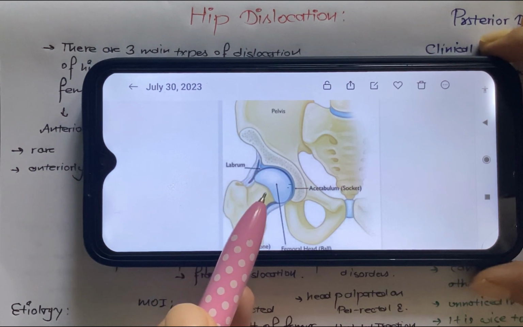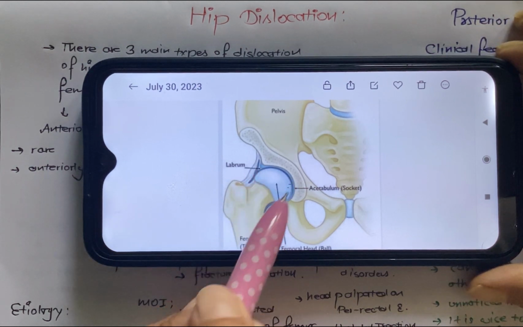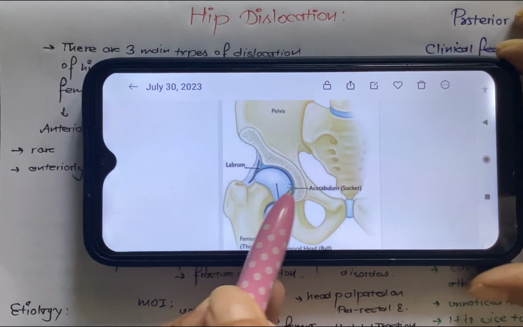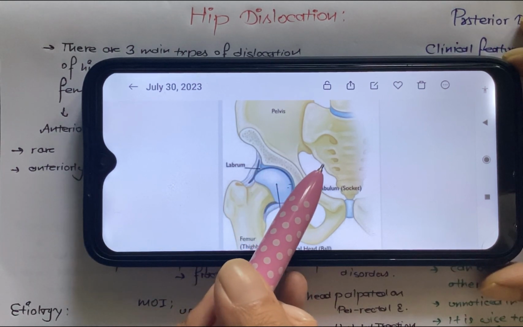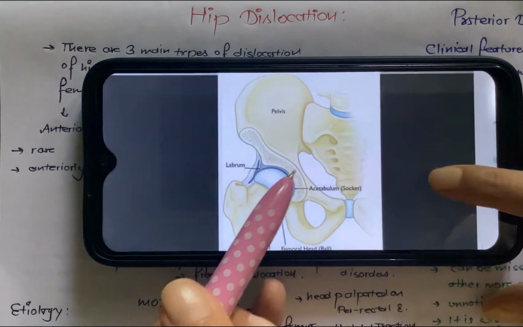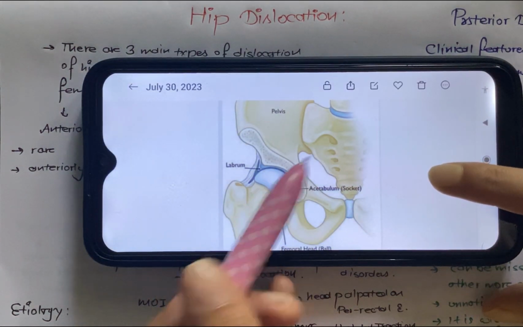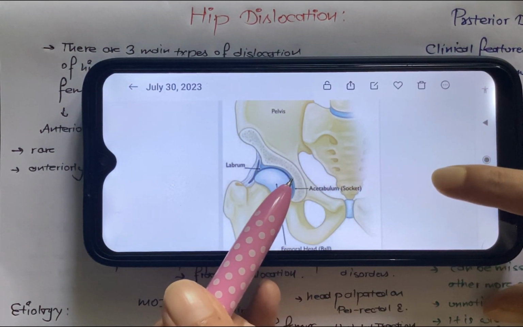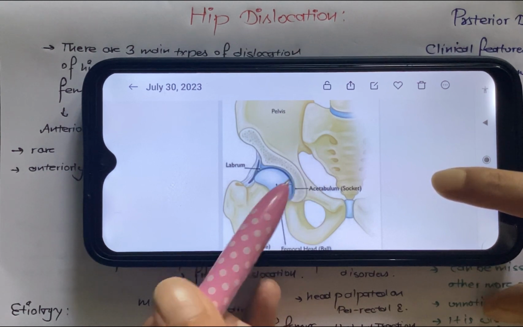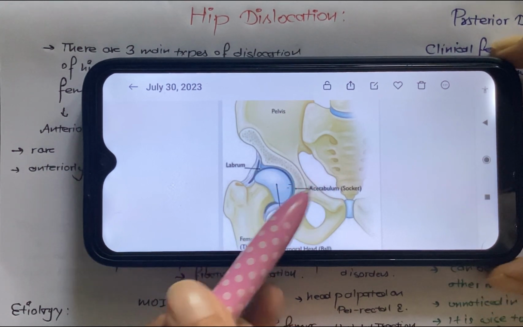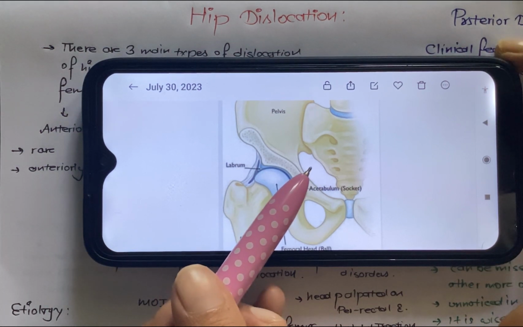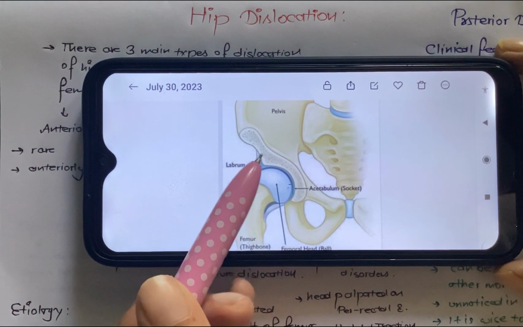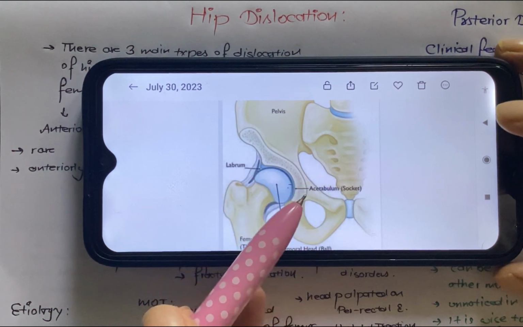And if this head of the femur goes towards the center, towards the pelvis, by piercing this acetabular wall, then this is known as center dislocation. So there are three types of hip dislocations and they are anterior, posterior and center dislocations.